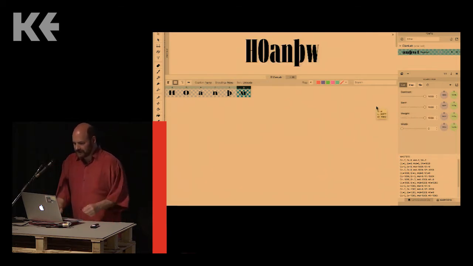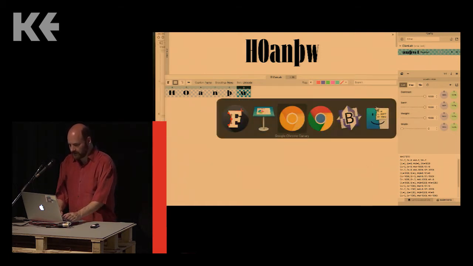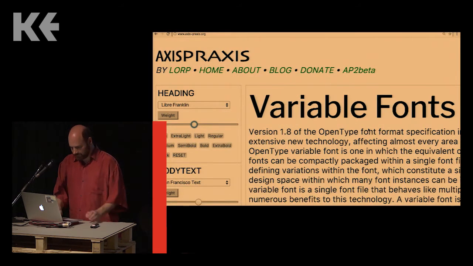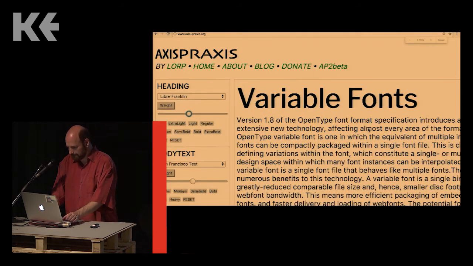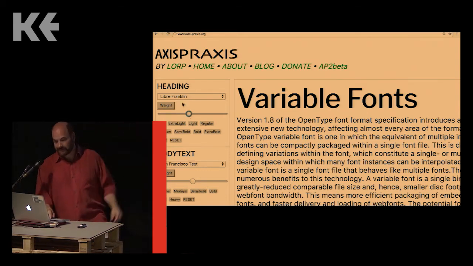So that gives you some idea of the range that's possible within having these multiple masters, as we used to call them. And here, this is an awesome website. If you want to play with this technology without having to accumulate a lot of fonts yourself, I strongly suggest you check out Axis Praxis.